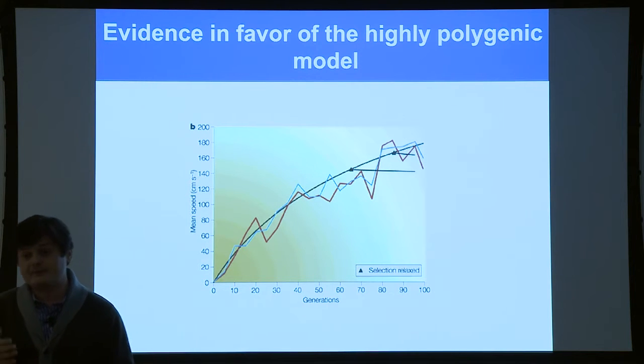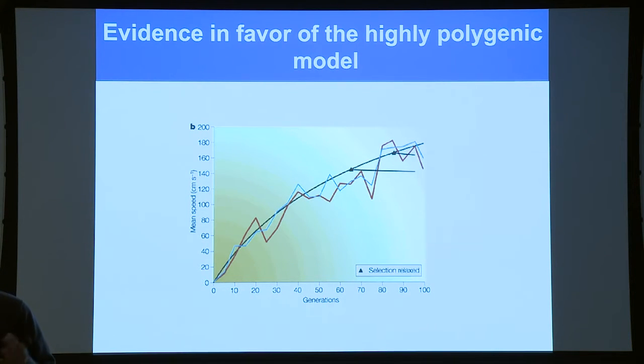Now, what happens if there are 1, 2, 3 loci underlying speed of flight? You would see fixation of one allele, second allele, third allele, and there would be saturation. There would be no response to artificial selection. Right? So what's happening here is that you start with flies flying 2 centimeters per second, and there is a continuous response.